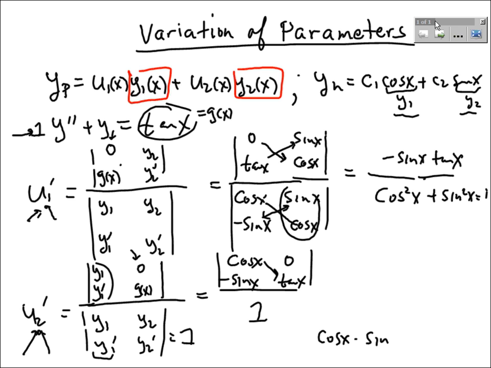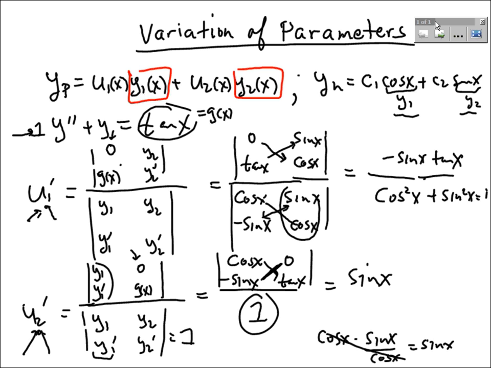Well, tan x is sine x over cosine x. Cosines cancel, and you just get sine x. Minus 0. Sine x take away 0 is sine x. Divided by 1, it's sine x.